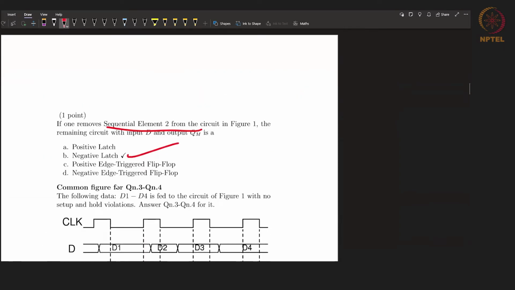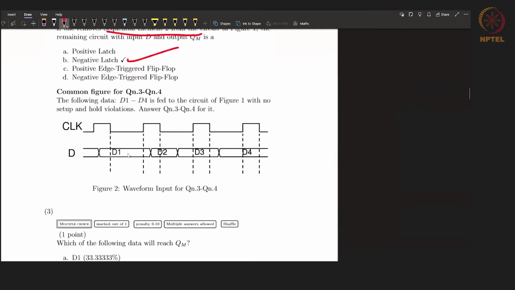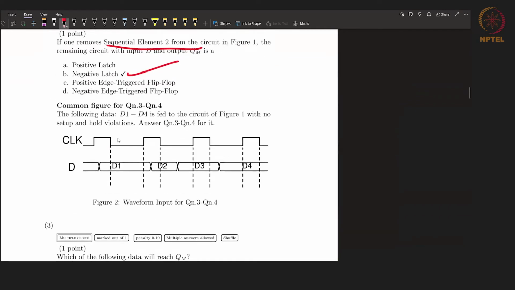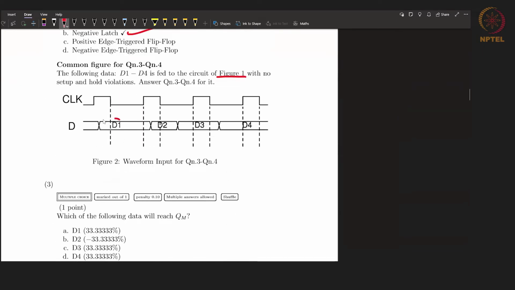Right? Questions numbers 3 to 4. Which of the following data will reach QM? You assume the circuit of figure 1, and since it is a positive edge triggered flip-flop, I'll just mark the positive edges here.